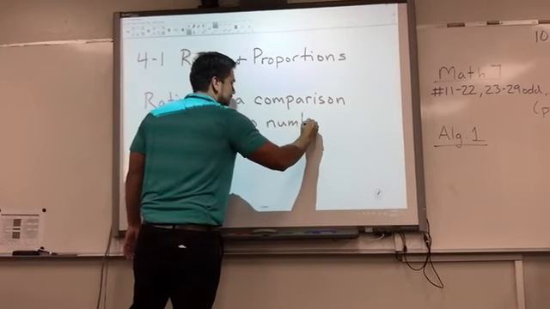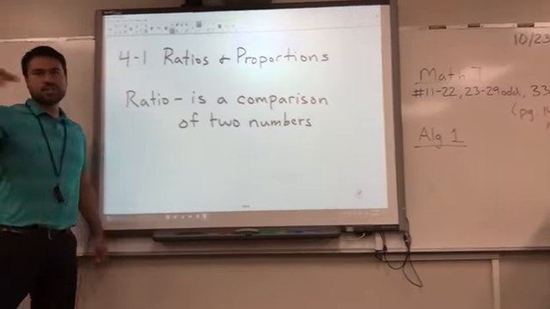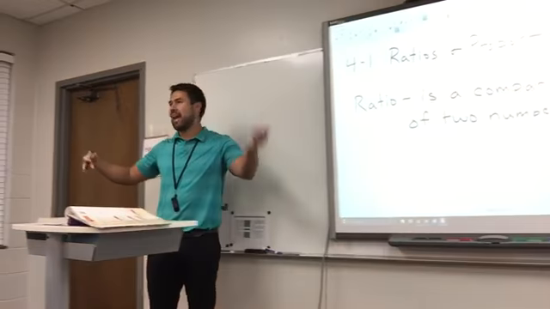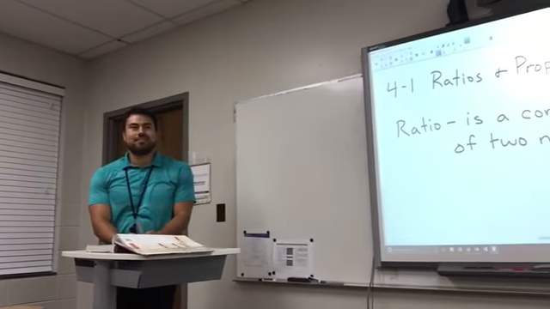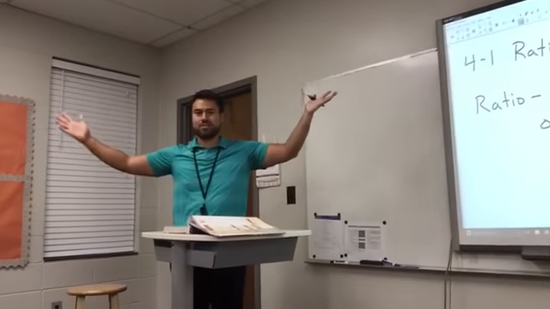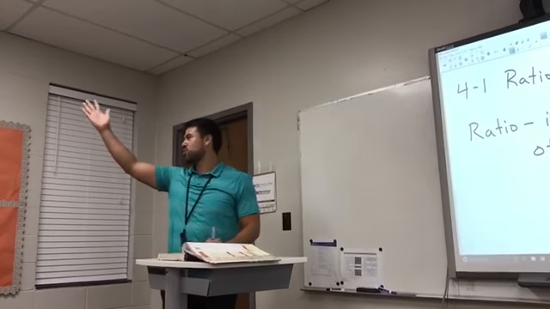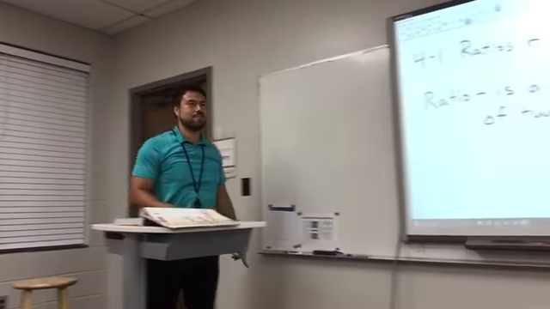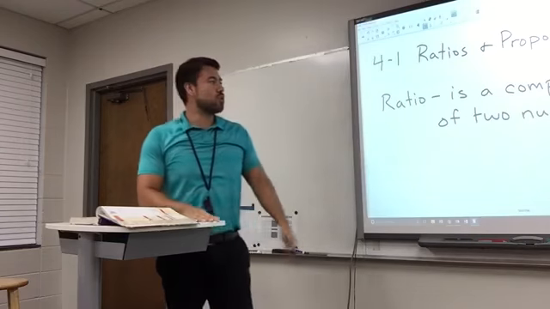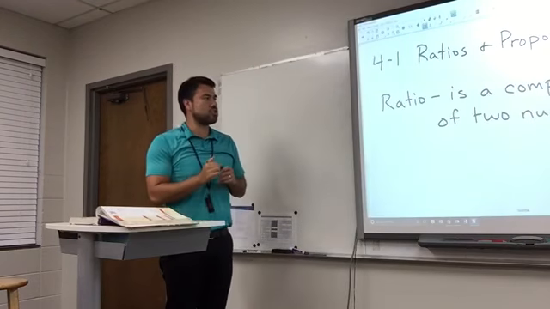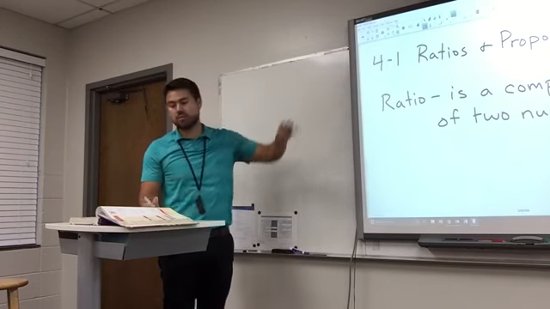That's all it is. Boys to girls, dogs to cats, milk to cocoa beans. Basketball players to volleyball players. Christian schools to public schools. Planets to moons. Those are all comparisons. Those are all ratios. So a ratio is a comparison of two numbers.